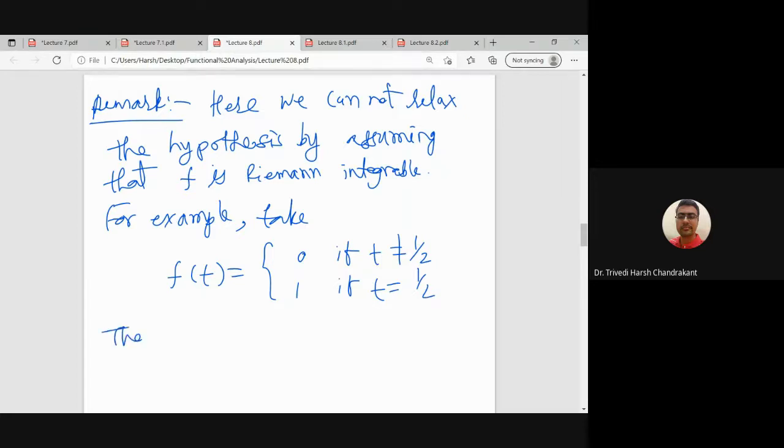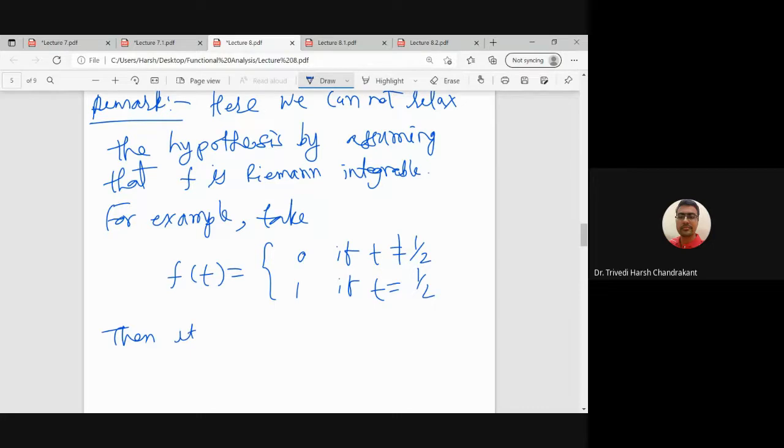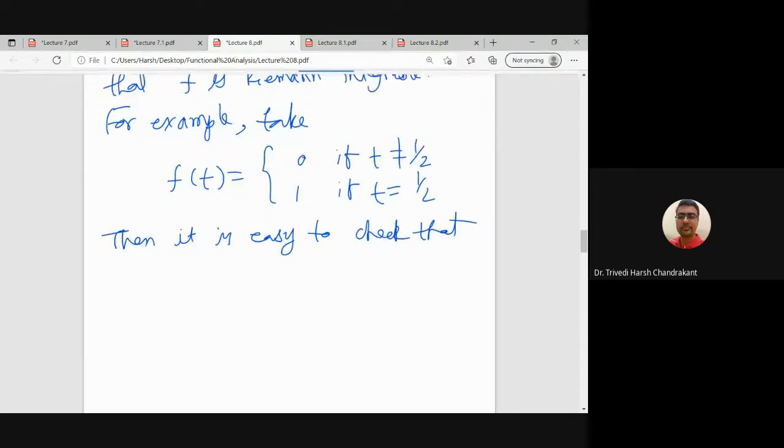Then using the theory of Riemann integration, you can use partitions and check that the Riemann integral of this function is 0, right?